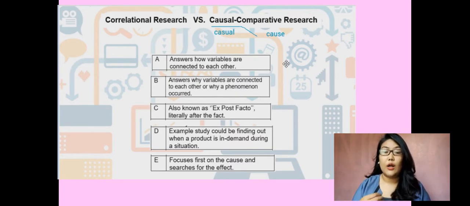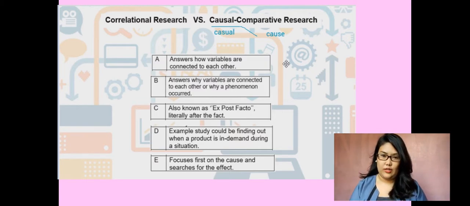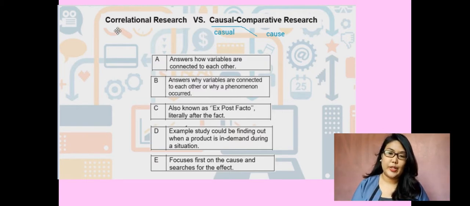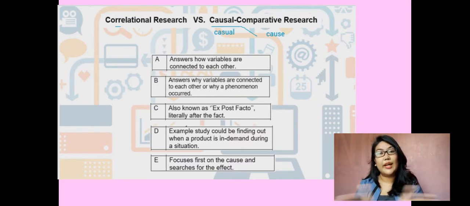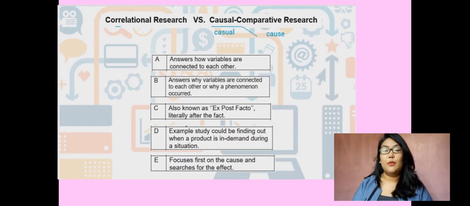Okay, causal. Okay, causal, comparative, and the other one is correlational. Okay, correlational. Be careful here with the spelling. It's double R. Okay, so there. What is the relationship or what is the connection between these two? Again, they are, yes, opposites. All right. The other one is how, the other one is why.